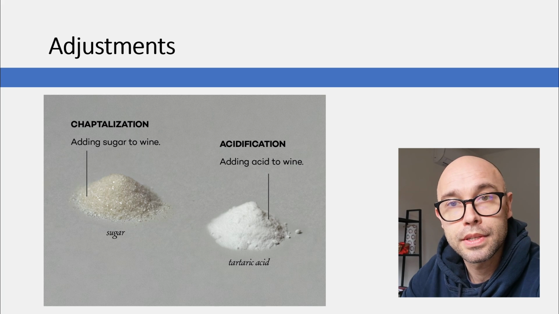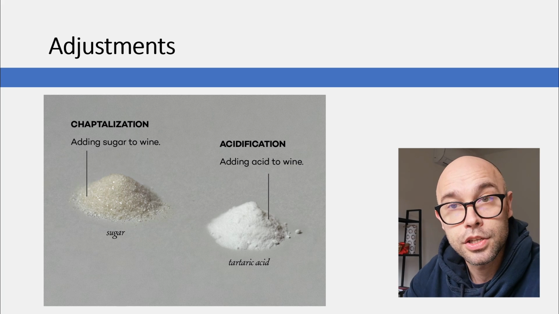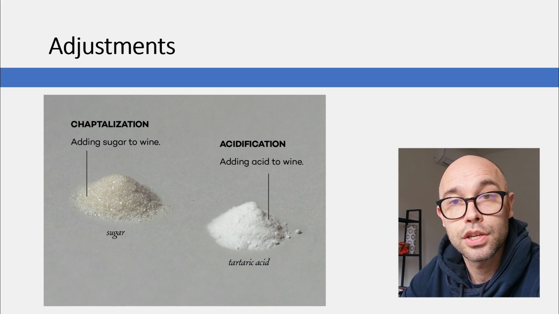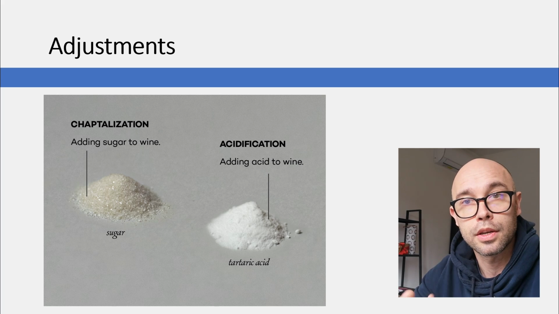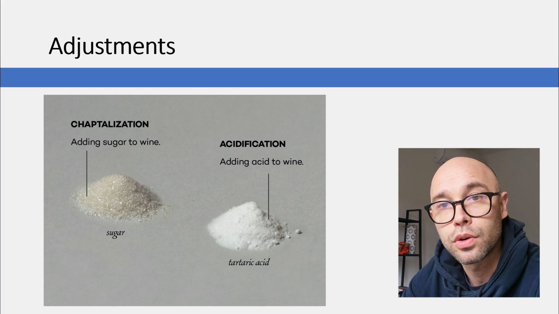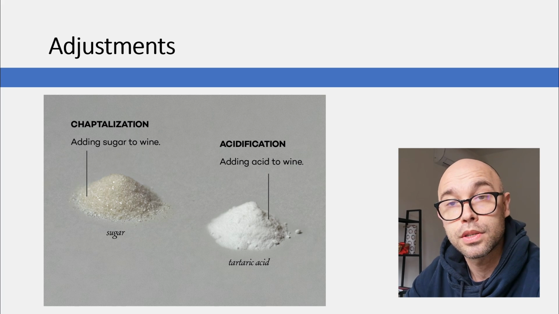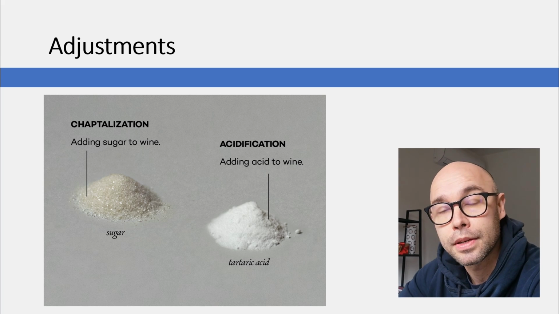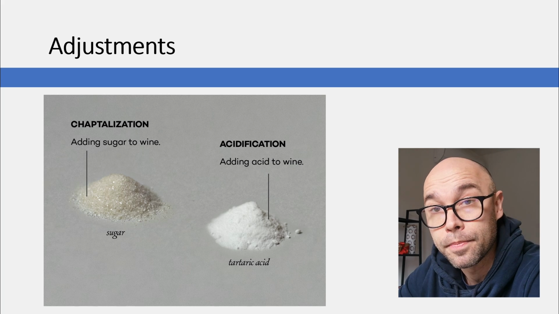Two processes that you need to know that can be used in a winery are chaptalization, which is the addition of sugar to the grapes, which will increase the level of potential alcohol in the final wine, and acidification, which means that tartaric acid can be added to the grapes in order to increase acidity.